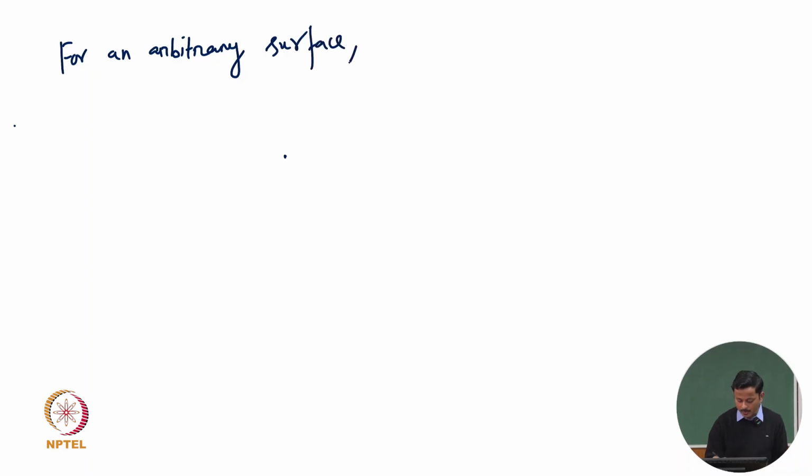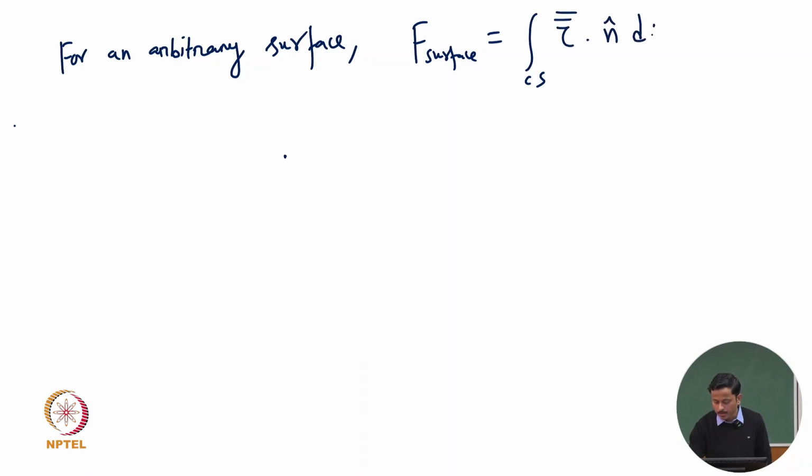for an arbitrary surface, the force on the surface can be represented as the integral of the stresses that are acting on the control surface. So this tau with this double bar is a stress. So this is the stress tensor.